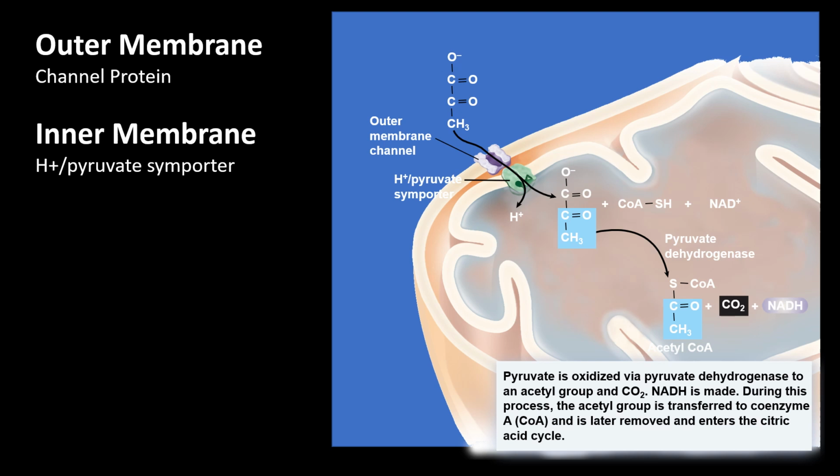From here, so this is called the matrix, remember, from the matrix, the pyruvate is then oxidized by the enzyme pyruvate dehydrogenase, and it is converted to an acetyl-CoA plus some carbon dioxide.